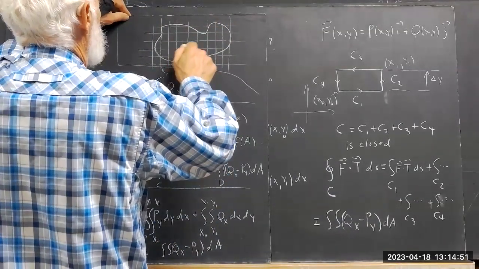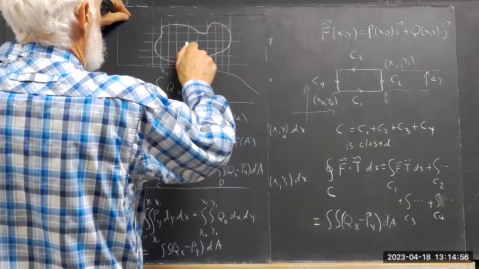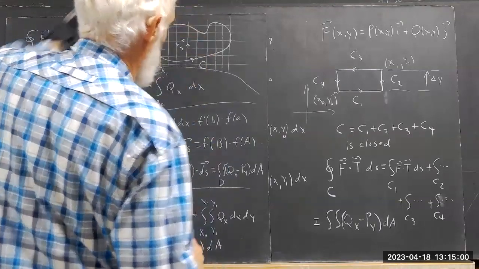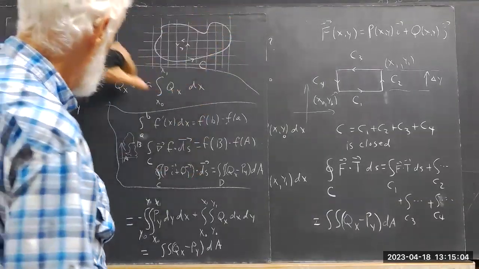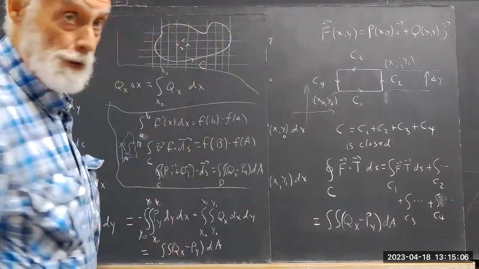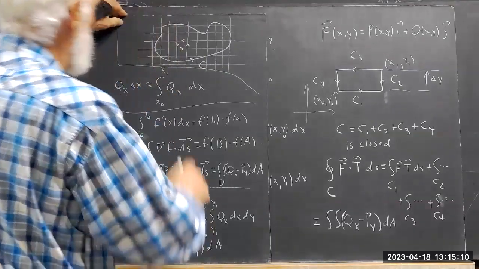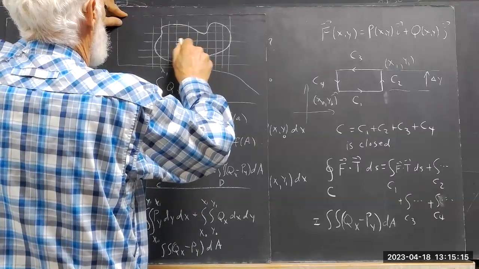Okay, let's just take these two rectangles here. We're going counterclockwise here, because we're integrating counterclockwise. If we went clockwise here, we'd have to go clockwise on the other too. Okay, right there is the path that we would follow.